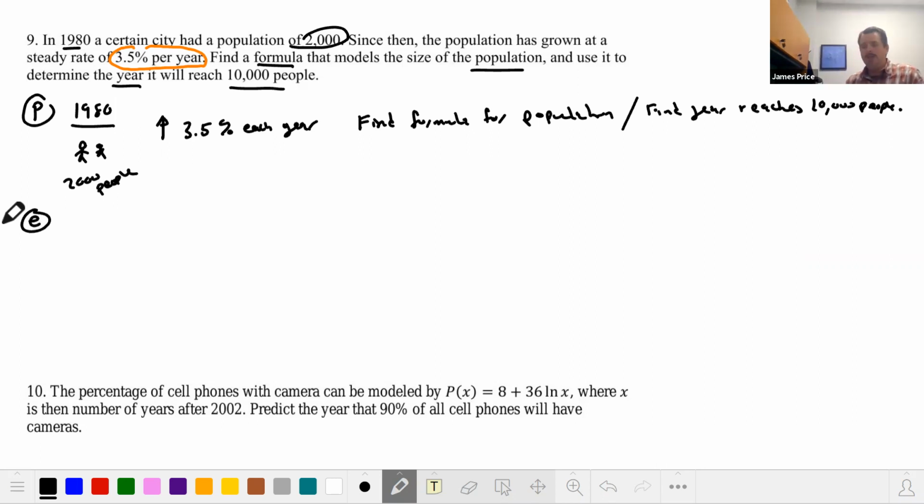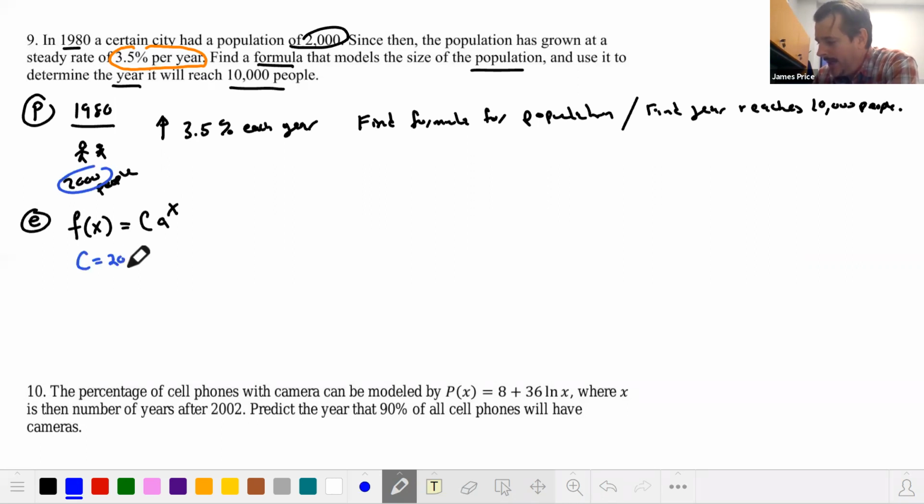For the equation, I know it's exponential, so I write down the formula for an exponential function: f of x equals c times a to the x. And I know what c is. C is the initial value, 2,000, so c is equal to 2,000. And I even know what a is. Since it's growing by that percentage, which is 0.035, I take 1 and add it to it.